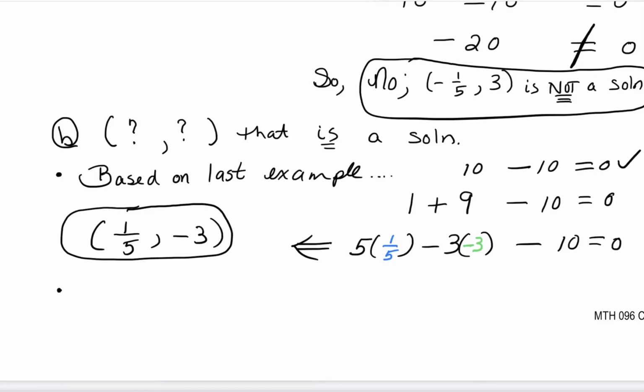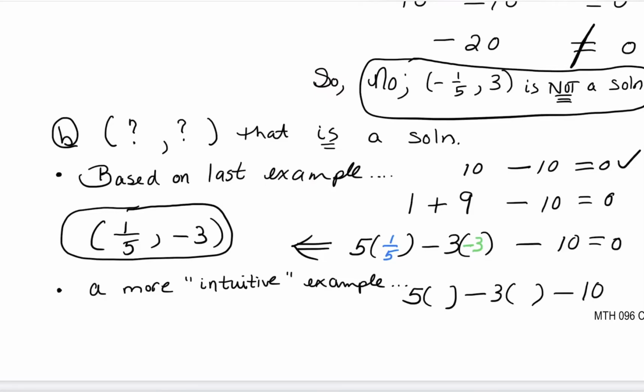Maybe a more intuitive example that I might get from students might be just to look at the fact that if they had 5 times, so this is what we're looking at here, and we're trying to get this to equal 0, they might look at it and be like, well, let's just make it 10, and then I'll just make that second term 0.